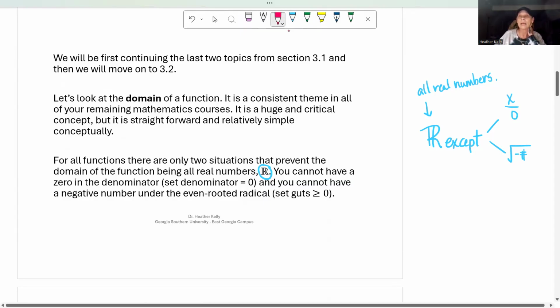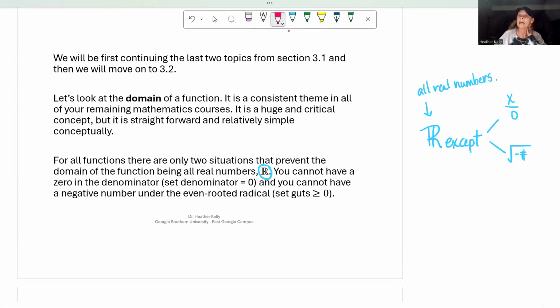Now, how do we handle this first case? We handle this case by setting the denominator equal to zero. That becomes the numbers that the domain cannot have. And how we handle the radical is we set the guts, that's the stuff inside of the radical.